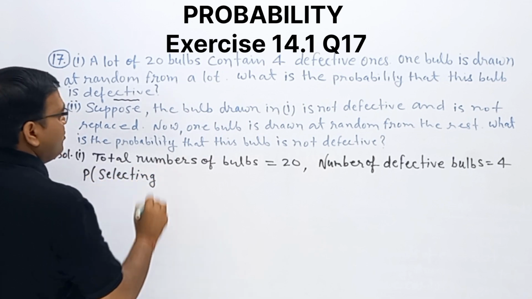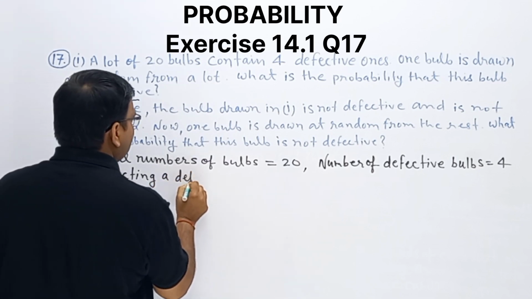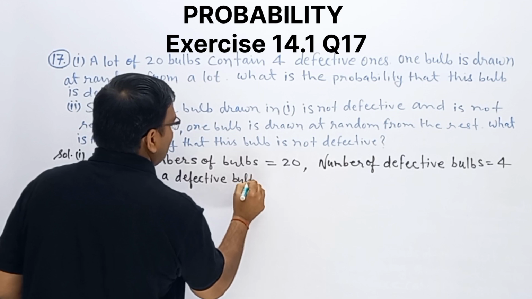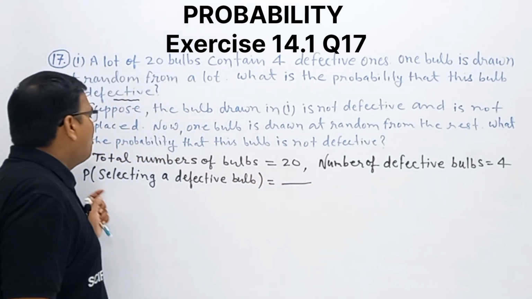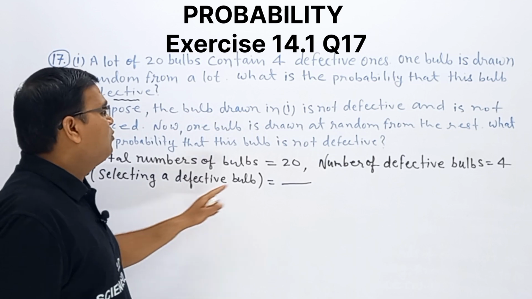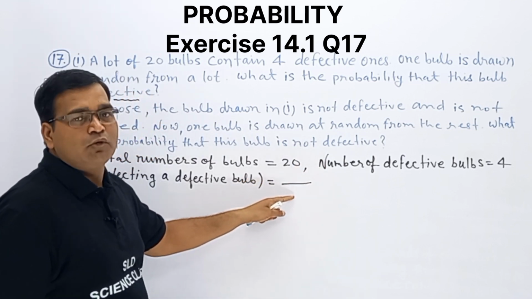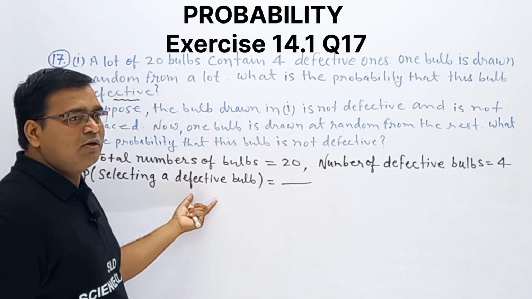selecting a defective bulb equals, we know well, the formula of probability of an event equals number of favorable outcomes divided by total possible outcomes. So in this case, we are selecting defective bulbs.